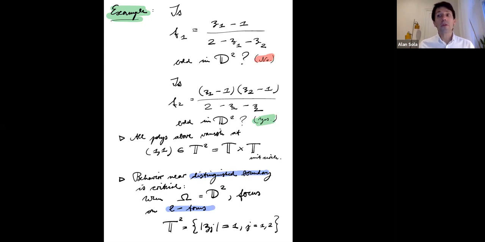And typically, when you think about function theory in polydisks or poly half planes, it's the distinguished boundary that is critical as regards boundary behavior. And the distinguished boundary in the case of the bidisk is exactly T2.